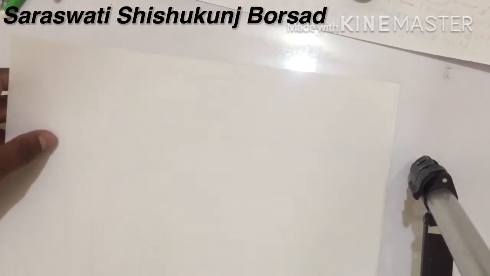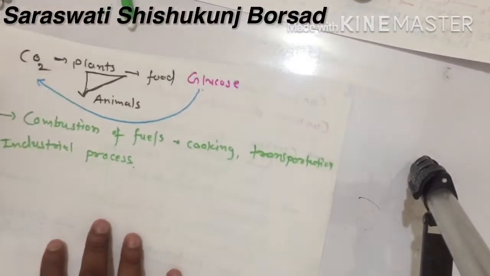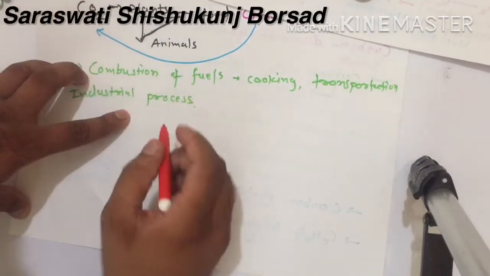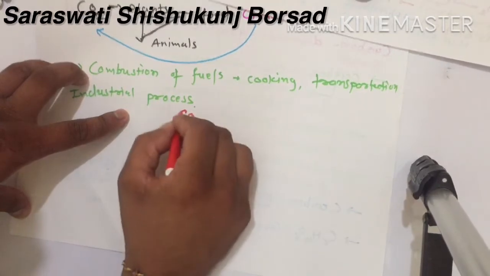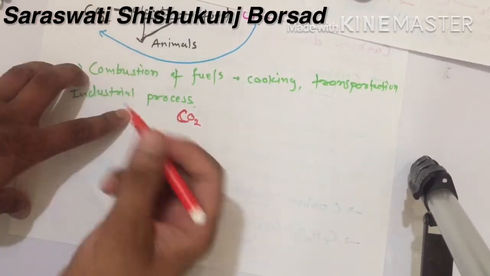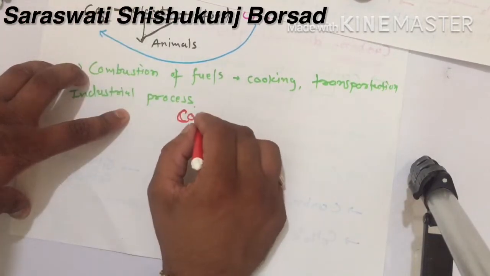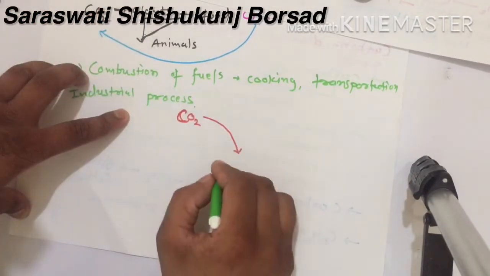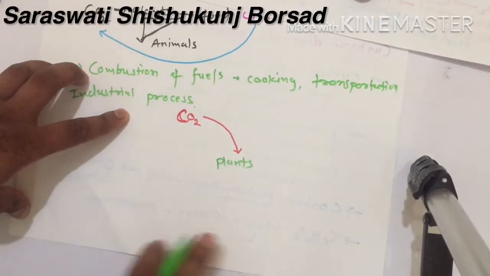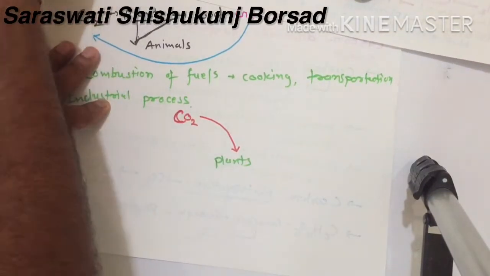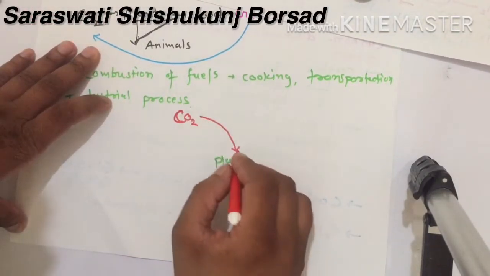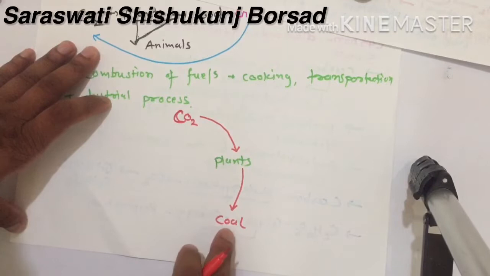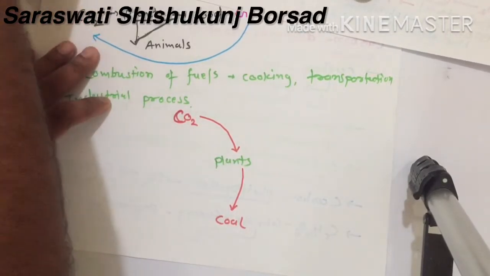Now let us try to understand it in the form of a cycle. Okay, as we will try to mention its cycle here. First we will take carbon dioxide which is present in the atmosphere. So see, here we are having carbon dioxide which is present in the atmosphere. This carbon dioxide is utilized by plants. Suppose we call it our organic materials. Now see, these plants, by heating, will get converted into coal, right?